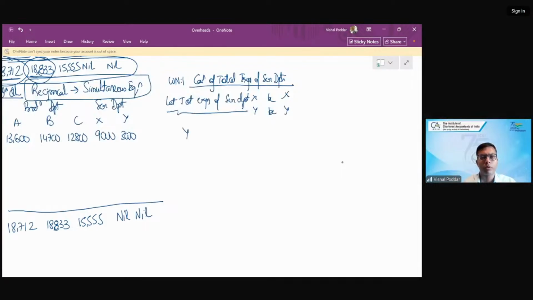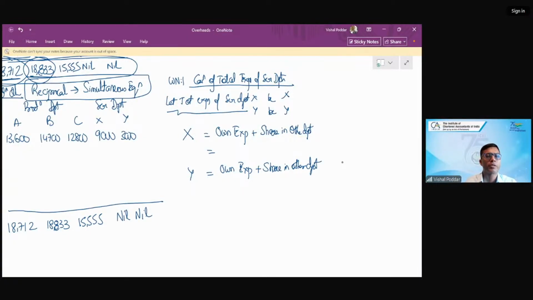This total is own expenses plus share in other department. Similarly, own expenses plus share in other department.